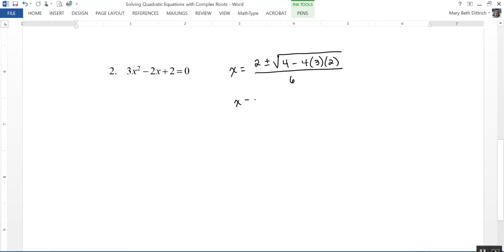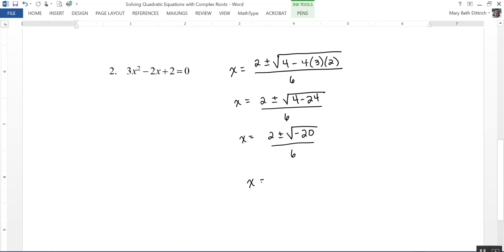So x is equal to 2 plus or minus the square root of 4 minus 24, all over 6. Or x is equal to 2 plus or minus the square root of negative 20 over 6. And there's our negative discriminant.